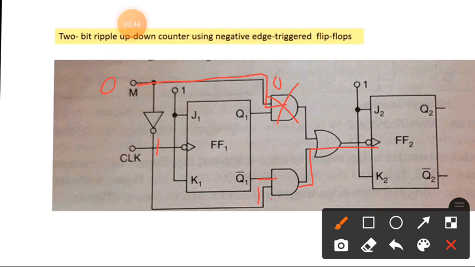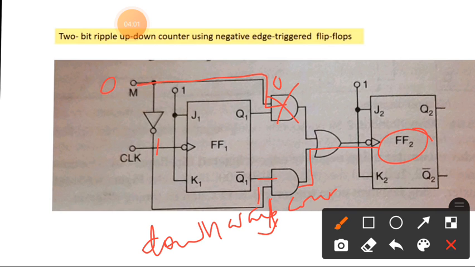That clock input will be given to flip-flop 2, and this Q1 dash output will drive or activate flip-flop 2. So this indicates downward counting. The Q1 dash is transmitted to the clock of flip-flop 2.